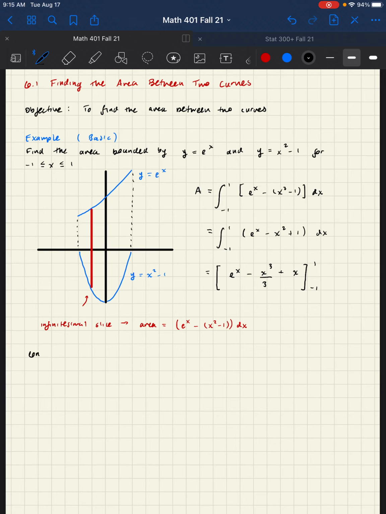So I'm going to continue over here. Continued. The area is going to be e to the 1, which is just e, minus 1 cubed over 3 plus 1, minus e to the -1 minus -1 cubed over 3 plus -1.